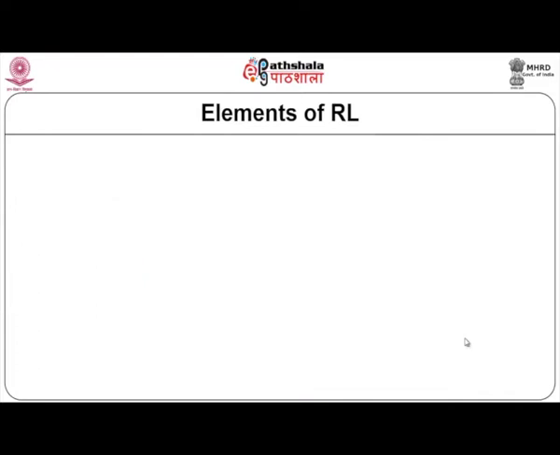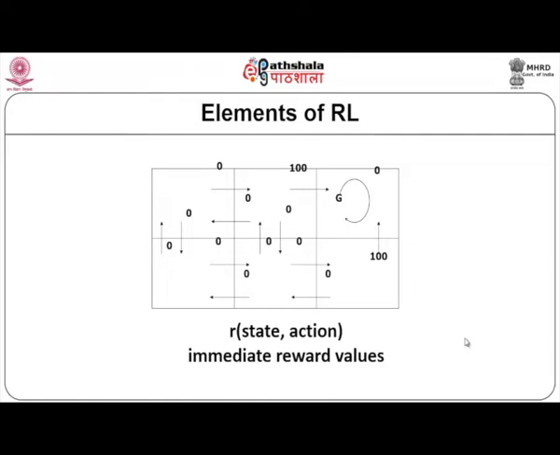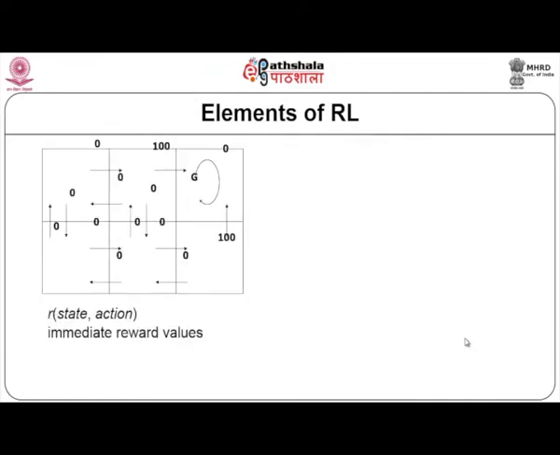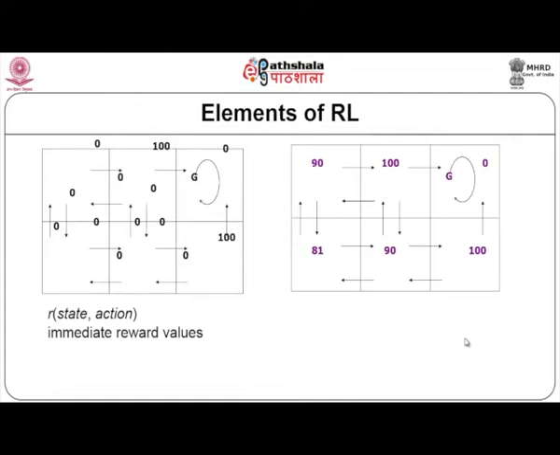Okay. Now let us take an example, where we are given the immediate values. You can associate immediate reward values, so you have a state, an action, and a reward associated with that. For example, let us assume the states are 1, 2, 3, 4, 5, 6, and you are going from here to here.